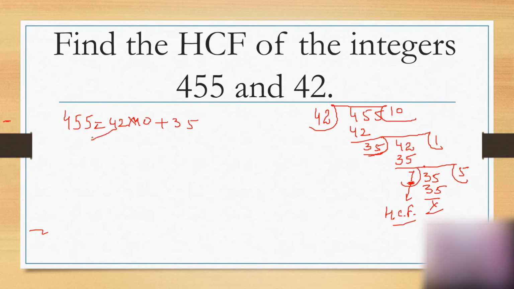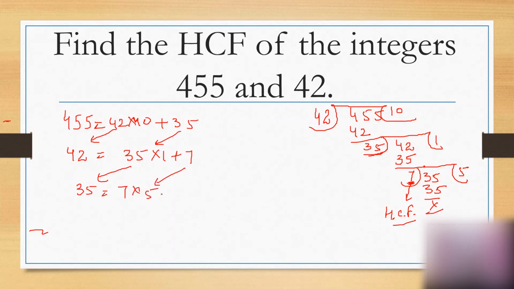Now 42 you have to take as dividend and 35 as divisor, into 1 plus remainder 7. Now again repeat this. 35 as dividend, divisor 7, and 7 into 5 plus 0. As the remainder is 0, the last divisor is your HCF.